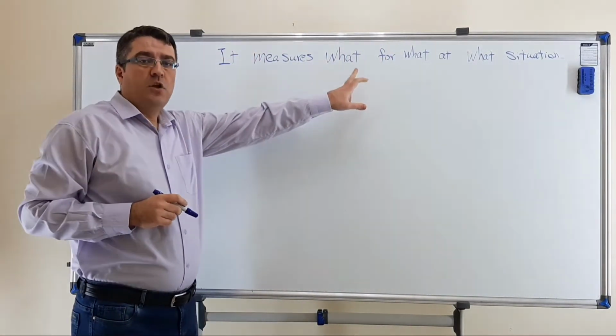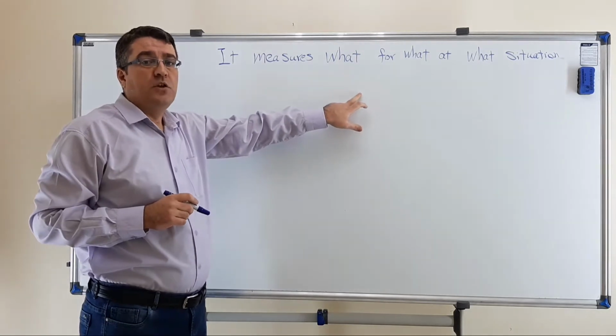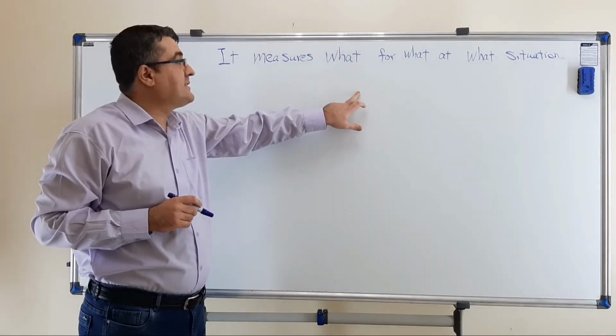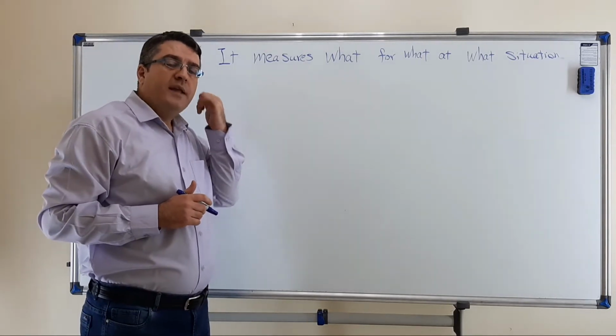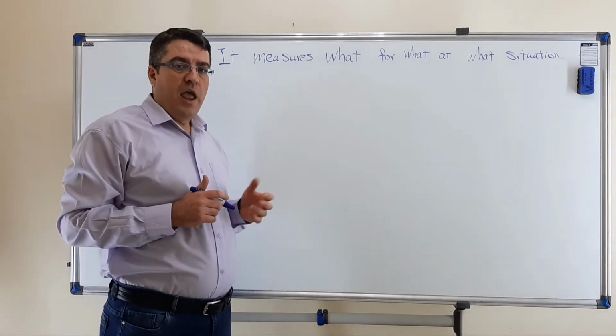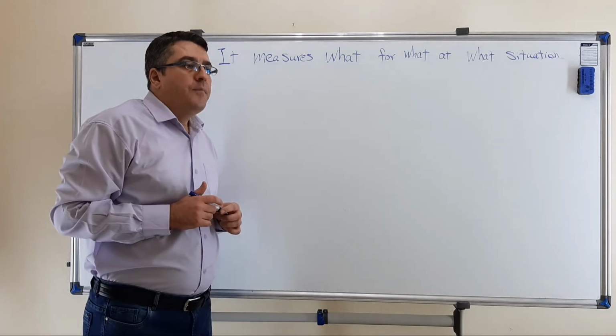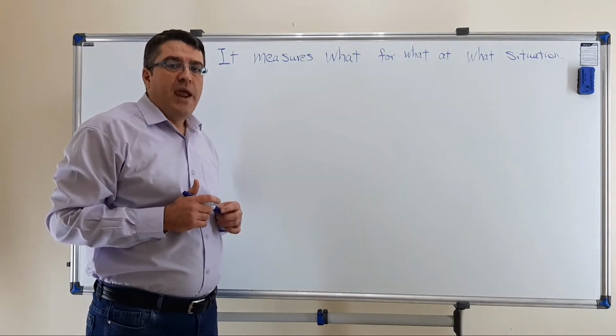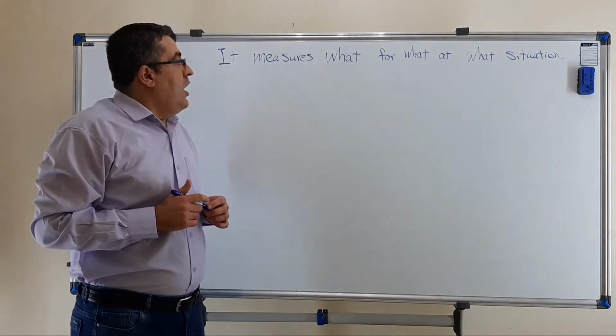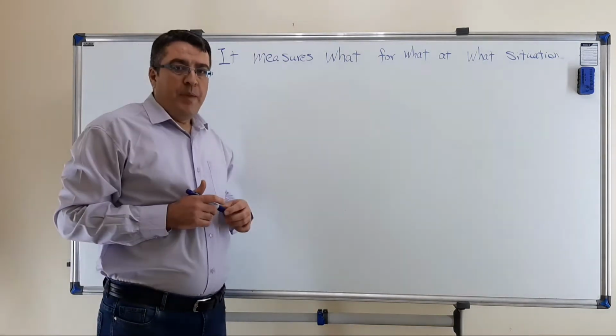Here, the first what points to the quantity used to measure acidity or basicity. It is common to use thermodynamic quantities enthalpy change, delta H, equilibrium constant, K, and Gibbs energy change, delta G, to measure acidity or basicity.